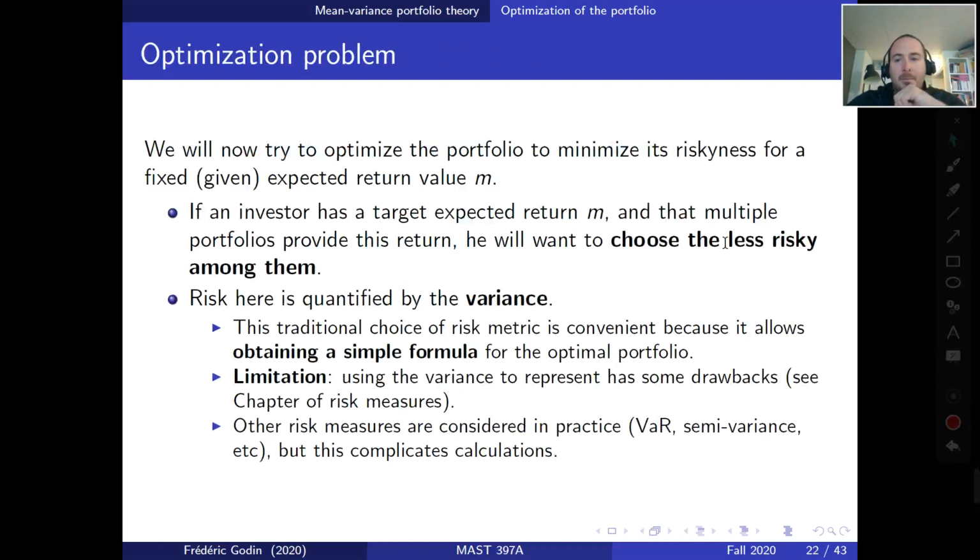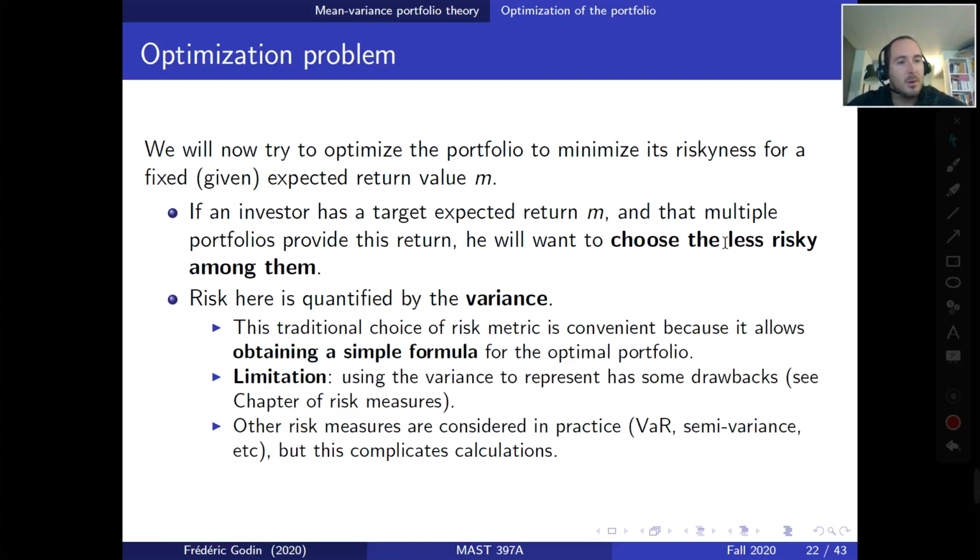So here what we will do next in the portfolio optimization problem is to set a target value for the expected return. We're going to seek across all possible portfolios whose expected return is m, and among all these portfolios we'll try to find the one which has the smallest risk.